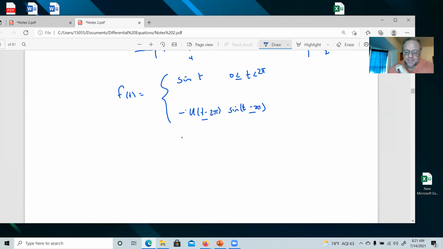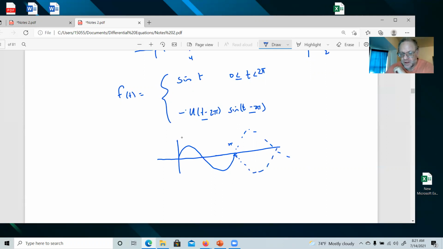So what's going to happen here is we get the sine function for one cycle, and then we'd still have a sine function, but we're subtracting it off, because this doesn't turn on until 2 pi. When it comes here, we're going to have a sine function that's the opposite, and these two waves are going to cancel out. So we're just going to see the graph of this, and that's it.